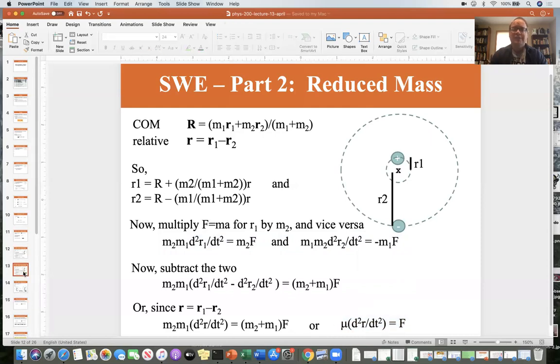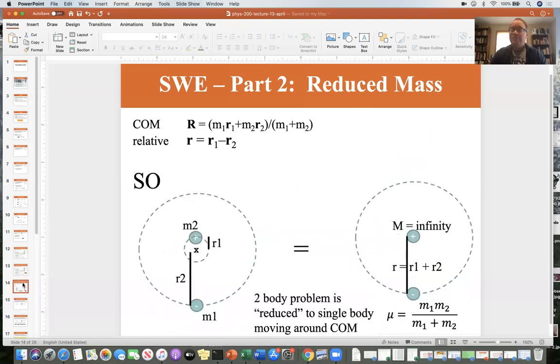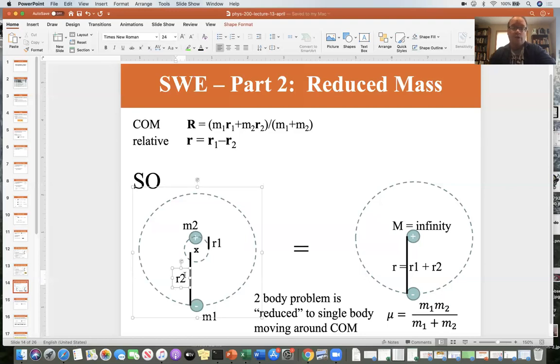Let's say physically, with that mu, where does that come from? Well, physically, we've taken this situation where we have a mass M2 and a mass M1 that are separated a distance R2 and R1 from the center of mass. And really, this should be R1, and this should be R2.